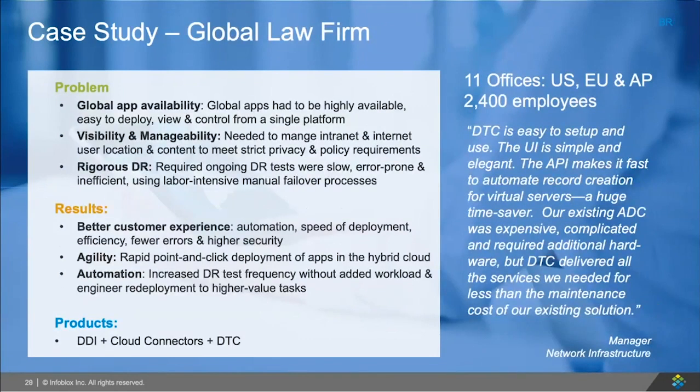There's another one. We have a customer that's a global law firm. We have a great story around this. They have 11 offices worldwide in the US, in Europe, and in Asia Pacific, just about 2,400 employees. Some of the challenges they found: they were having non-policy compliant site visits. They were having internal threats coming through.